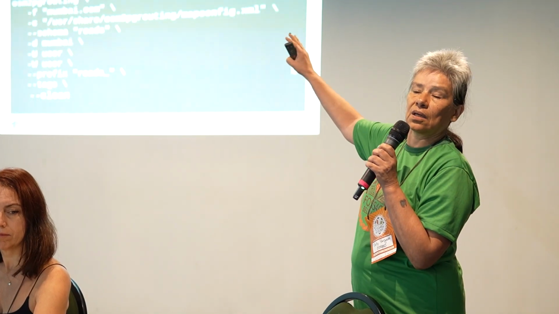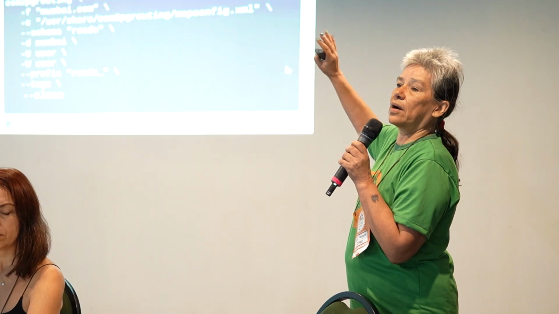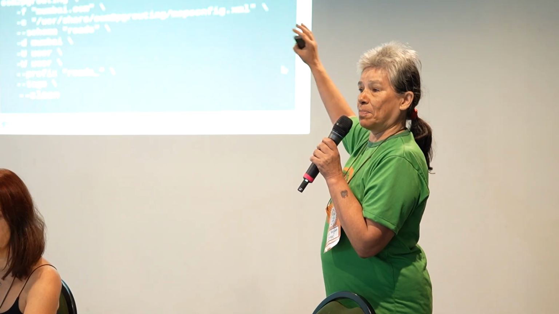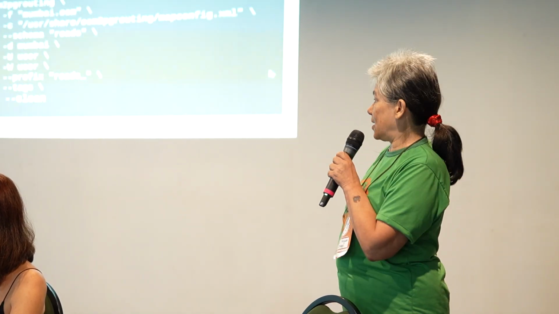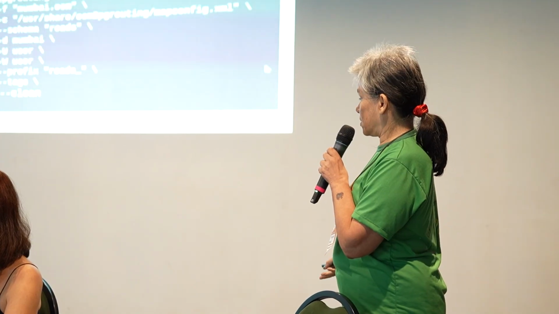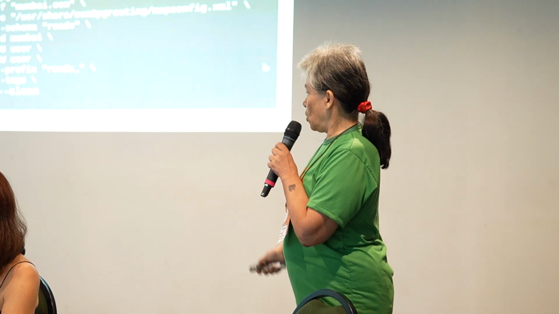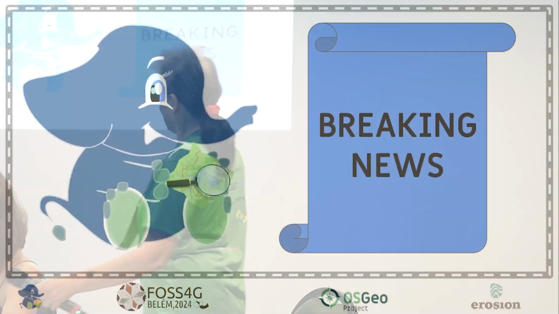This is using OSGeo Live, where the user is user and the password is user. We're going to prefix all our tables with the prefix roads. We're going to import all the tags, and we're going to work on a clean database.